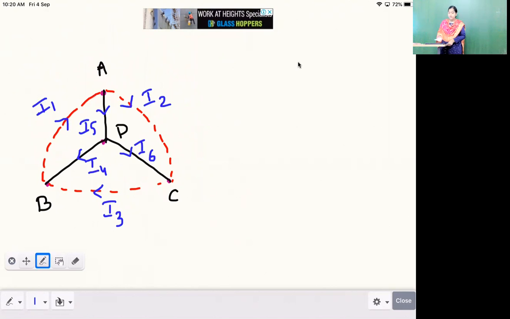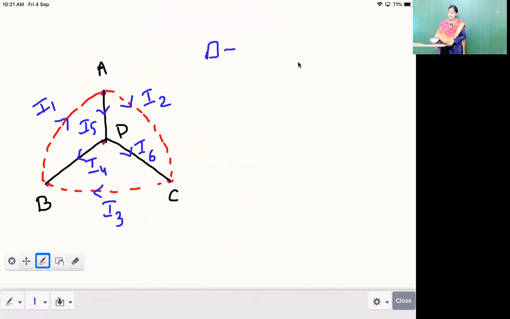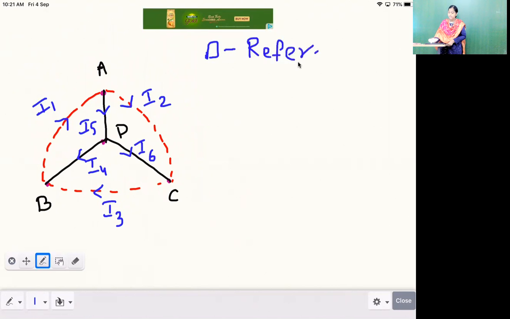You can take A or B or C or D. I am taking D as my reference node. So if I take D as the reference node, what are the nodes left with me? There are three nodes left, that is A, B and C.